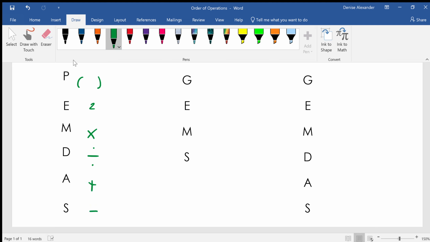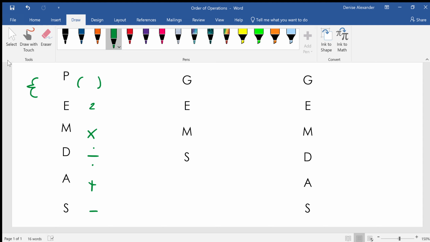This is PEMDAS. In parentheses, it's not just parentheses, it's all the types of groupings, brackets, the Bob Hope noses. I don't remember what Bob Hope noses are called, but when you draw it, it kind of reminds you of Bob Hope. That's how I was taught on how to remember it.